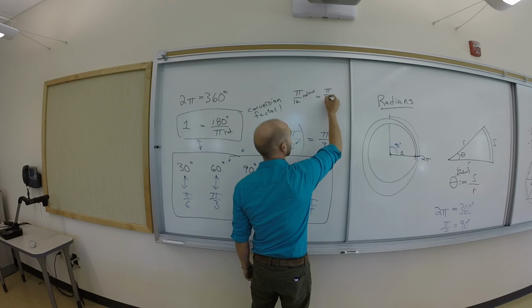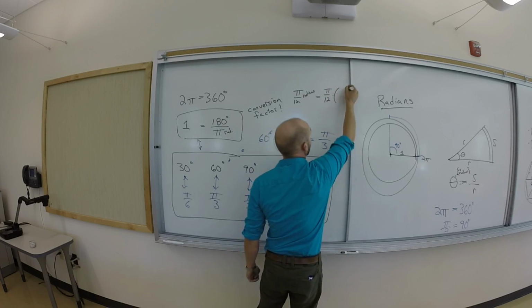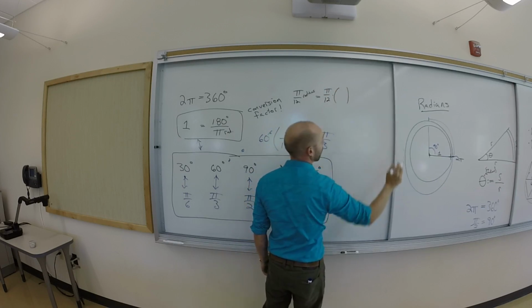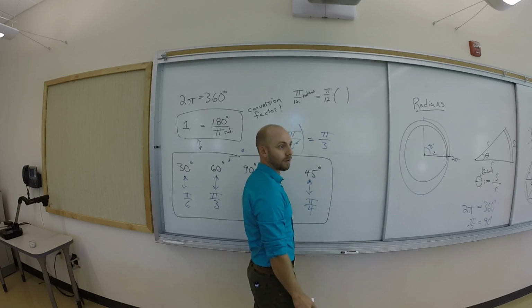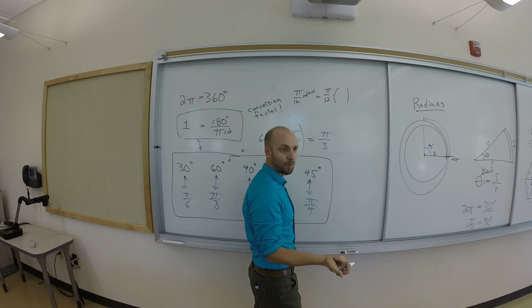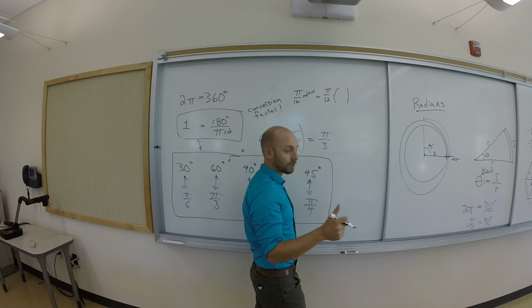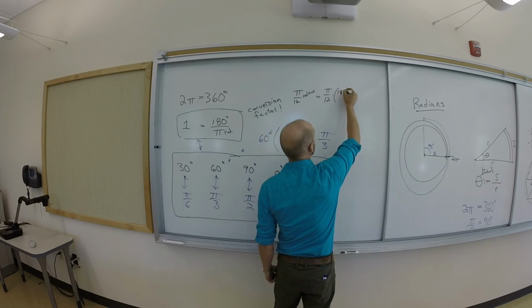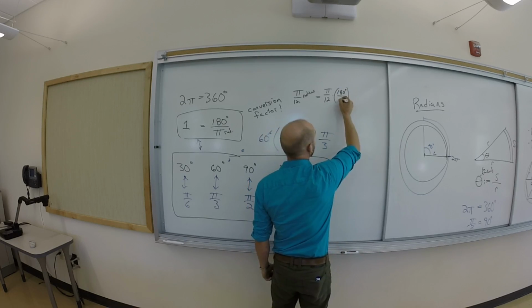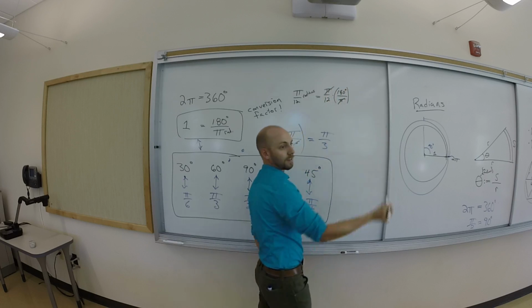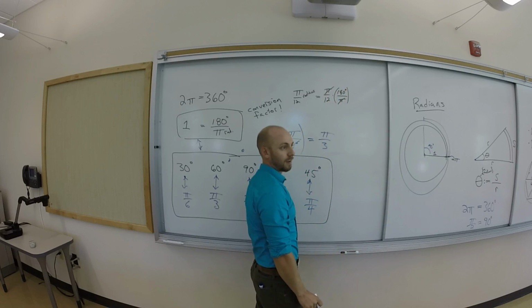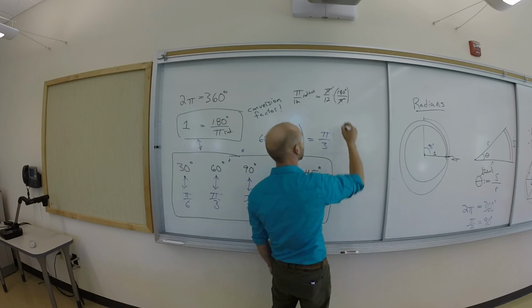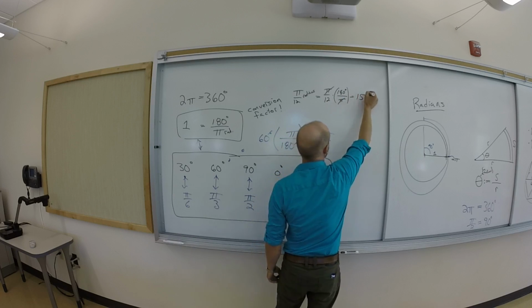So I've got pi over 12 and I'm multiplying by 180 over pi, degrees on the top because I want degrees out. The pi's will cancel. And what's 180 divided by 12? 15.